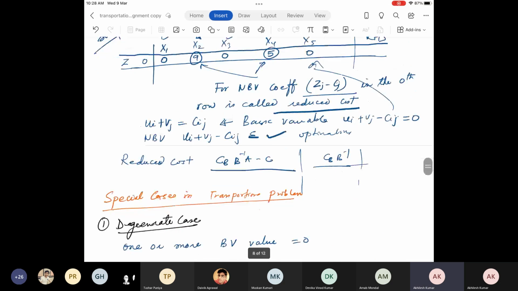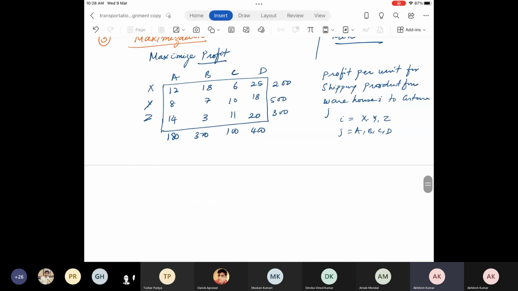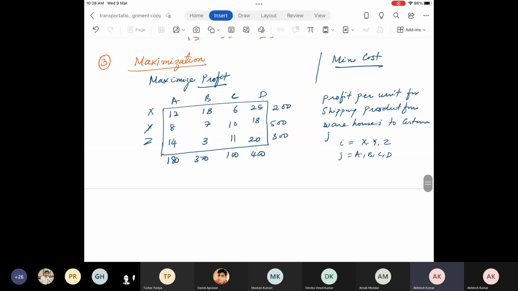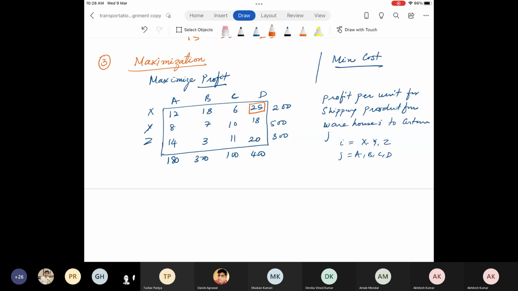To solve such a problem, what you need to do is find the largest value, not in each row, but in the entire table, the largest profit coefficient, and subtract all other cells from the largest value.